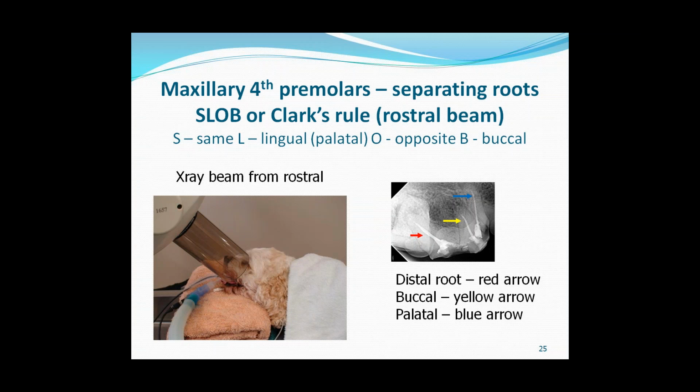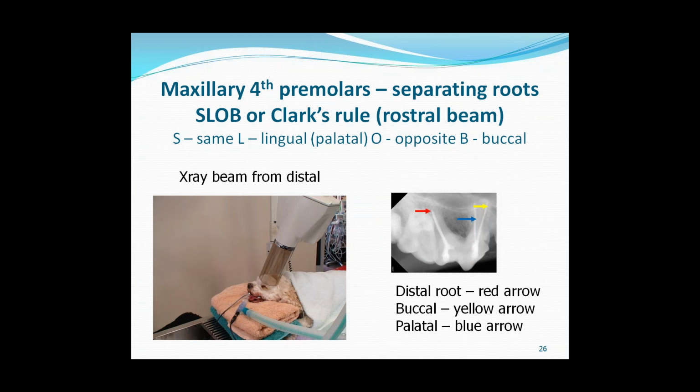So you're moving the tube head from the middle of your computer screen across to the right-hand side, towards the nose of the dog. And what you're then finding is that the palatal root moves with you. And the opposite occurs with the buccal root. The buccal root moves away from the dog's nose.